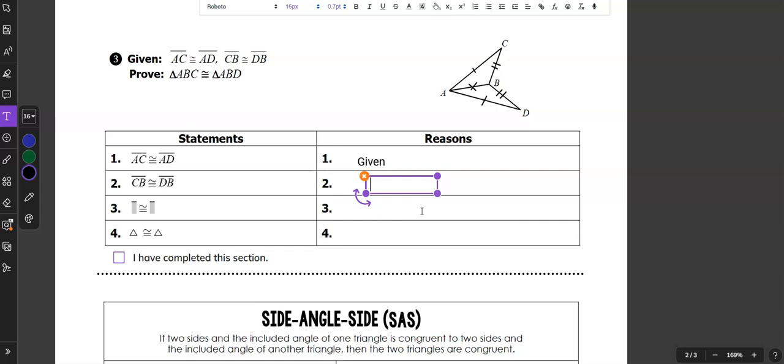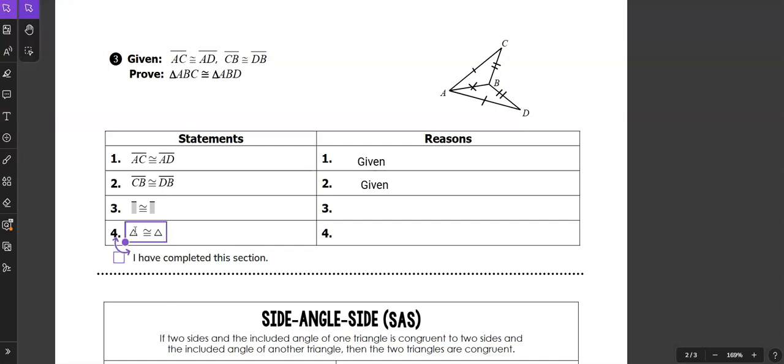So again, this is given information. Now, it doesn't say anything here. Even though we know AB is congruent to AB because it is itself, that information is not given to us. We have to actually deduce that information. I know that seems silly. So let's look again at our reasons that things can be congruent in geometry.